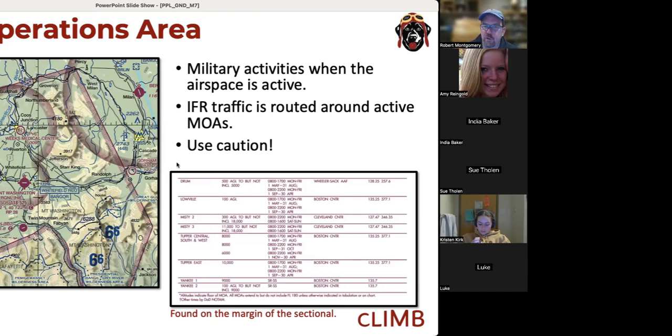But what you can do is look on the margin of the chart, and there are also ways your EFB will probably give it to you as well, right? If you look on the margin of the chart, there are these little sections where it says, hey, we're looking at the Yankee 1 MOA here. The Yankee 1 MOA, right, goes up to 9,000 feet, or is it at 9,000 feet?